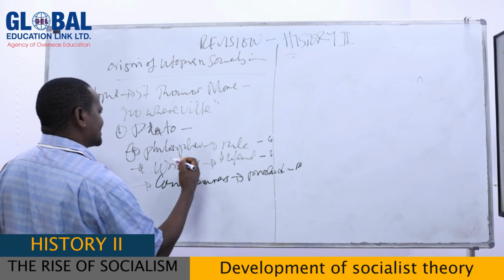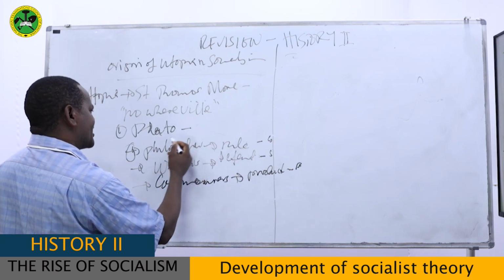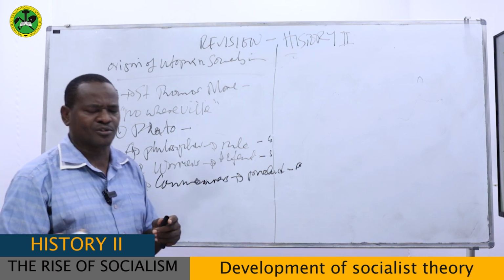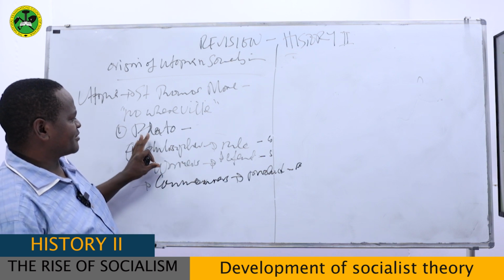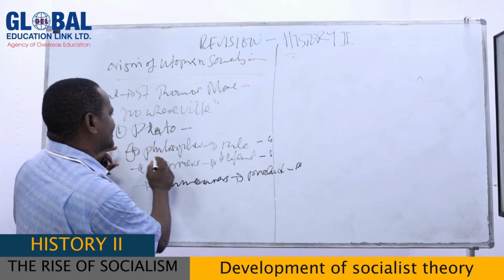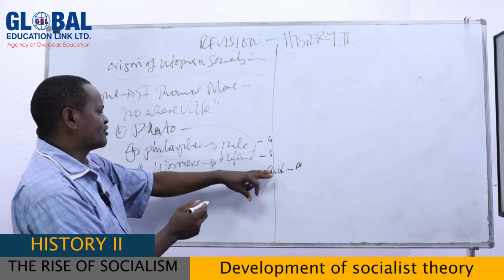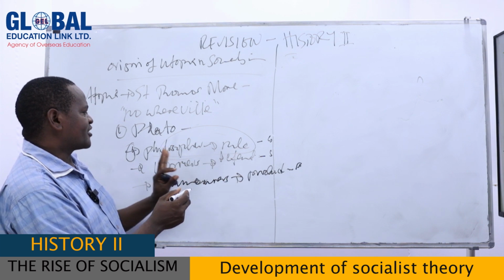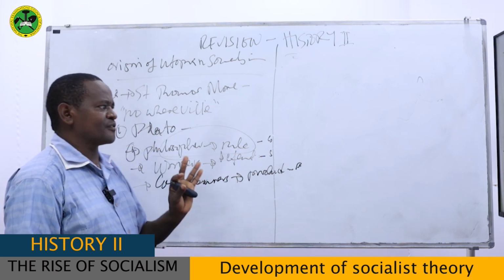And of course, he said, even though the philosophers were looked at as people of the higher class, the ruling class should own everything in common. Everything which is produced by these people is going to be owned by the ruling class, and the ruling class owns it not for their own benefit, but for the benefit of the society.